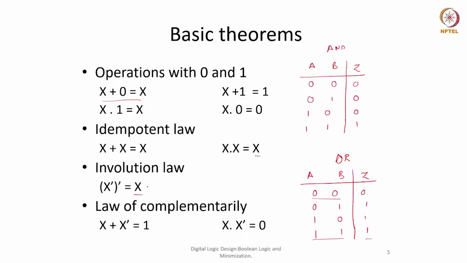The other is the law of complementarity. Complementarity means that if I OR x with x dash, the output is going to be 1. If x is 0, x dash will become 1, so 0 OR 1 will become 1. Similarly, if x is 1, x dash will become 0, so 1 OR 0 will become 1.